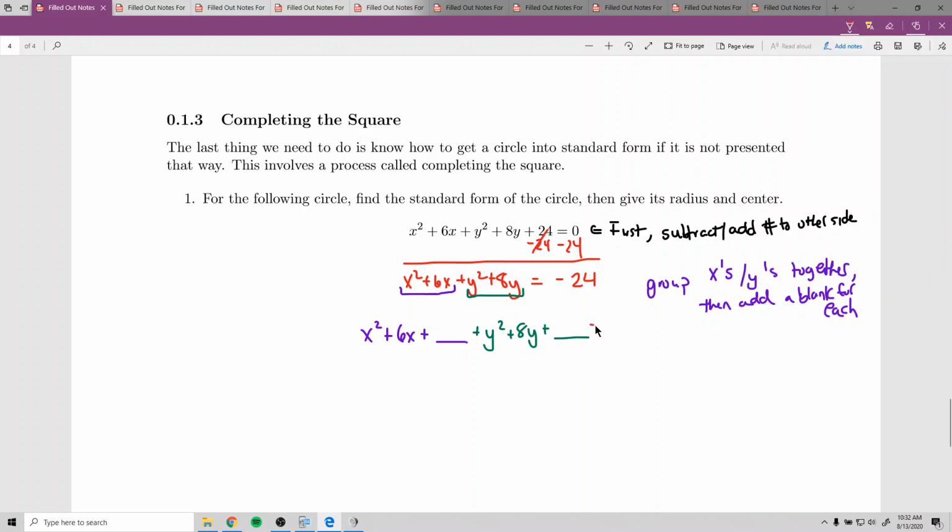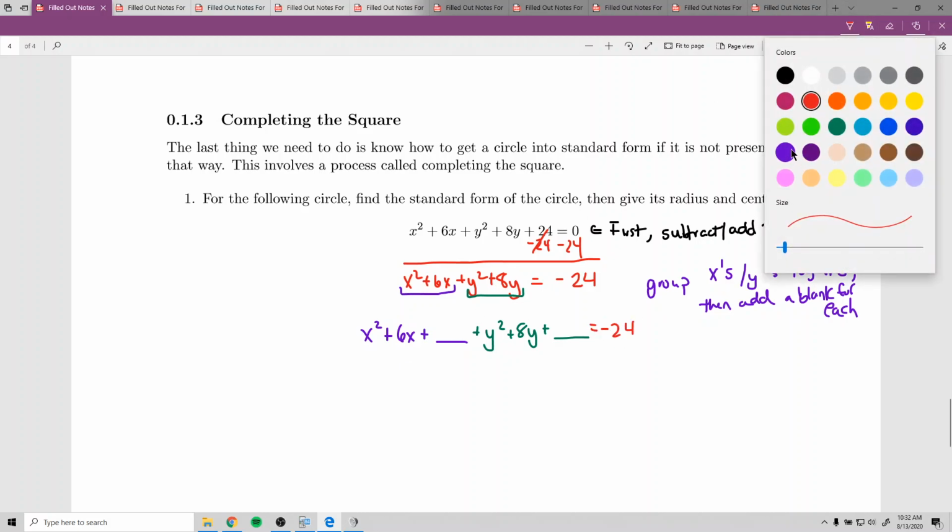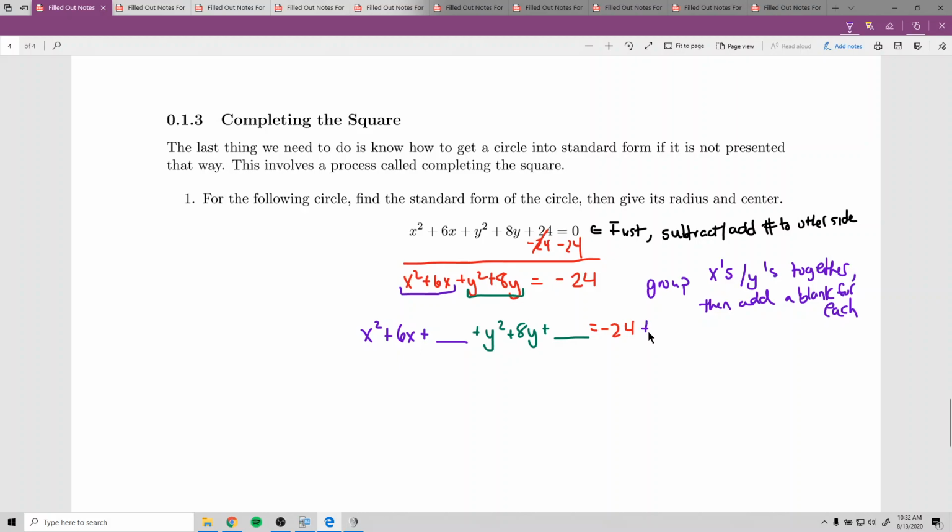And the important thing is we're going to be adding numbers in the blanks, as you might expect. If we add it to one side, we must add it to the other. So I'm going to also have a blank for each one. So whatever number I put here in the purple spot, I'm going to also put here. Whatever number in the green spot I put here, I'm also going to put here.